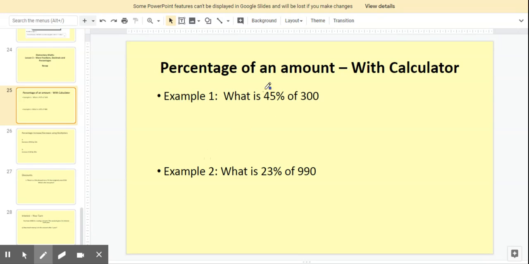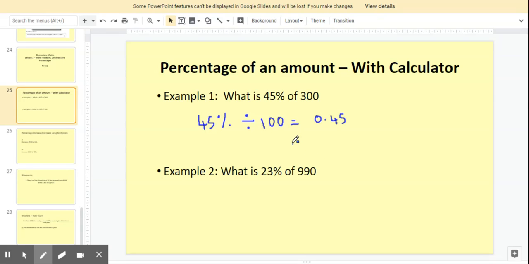So for instance, if we wanted to find 45% of 300, we could take our 45% and change it into a decimal. The way we do that is by dividing by 100 to give us 0.45.